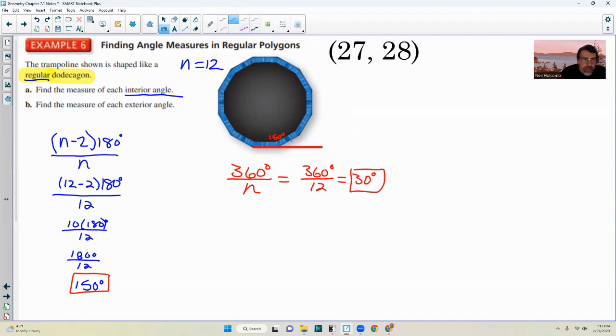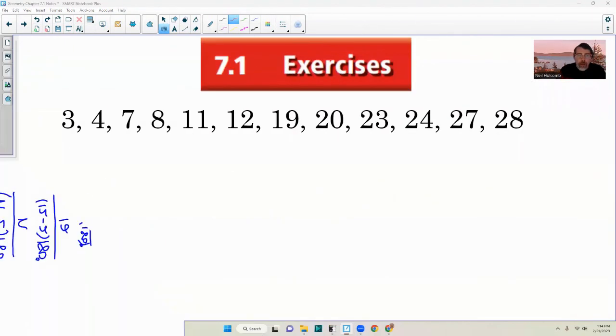So this angle out here is 30 degrees and this angle here is 150. So hopefully you can see that now. 150 degrees plus 30 is a straight line, 180 degrees. So that's example 6. Now you should be able to do problems numbers 27 and 28 in your exercises.